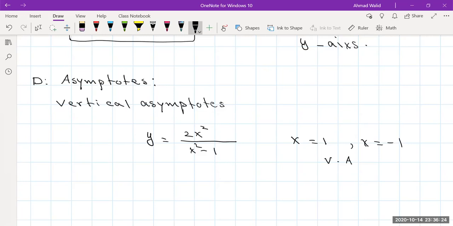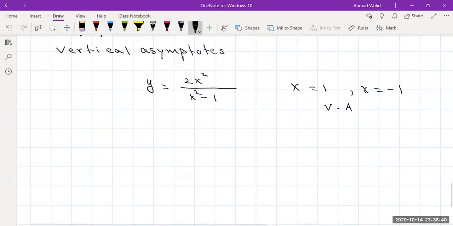Because we want to see the behavior of the function around the asymptote. Wow, I give you a sentence: the behavior of the function around each asymptote. Then what does it mean in algebra?